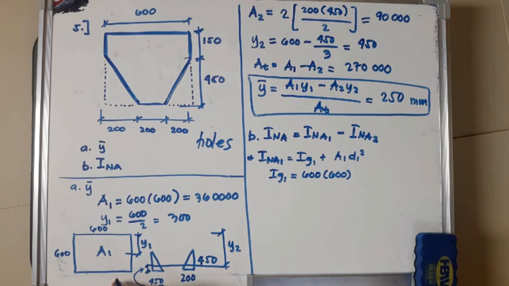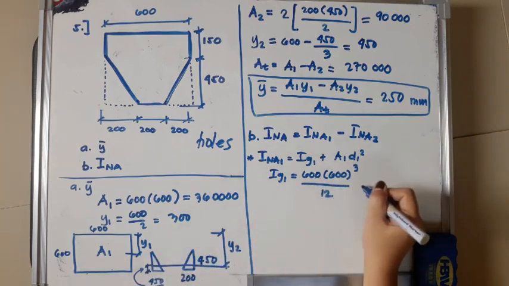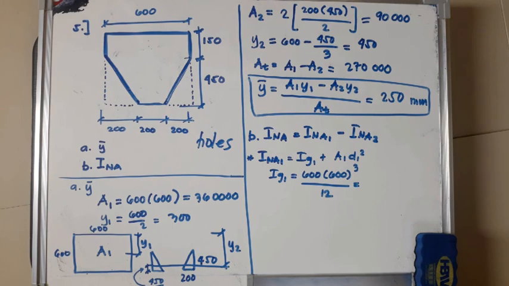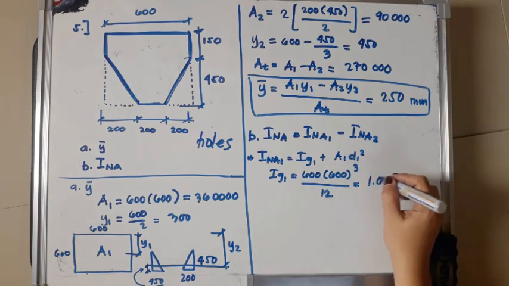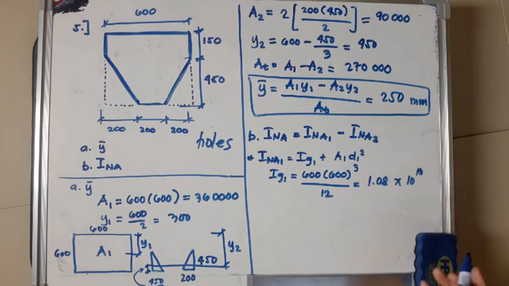So just see this figure here, over 12. So our Ig1 is 600 raised to 4 over 12, so 1.08 times 10 raised to 10 mm raised to 4.